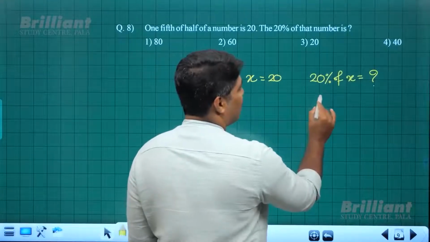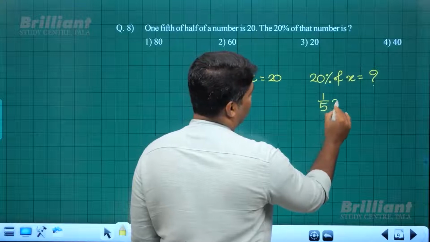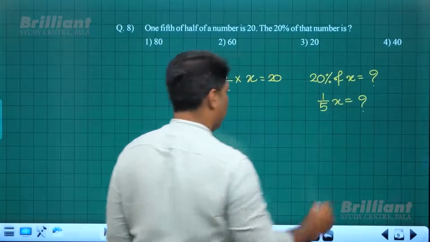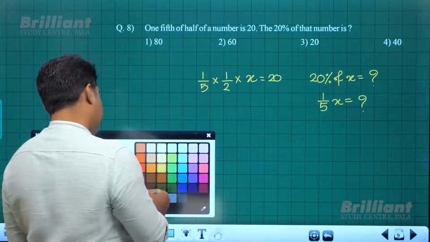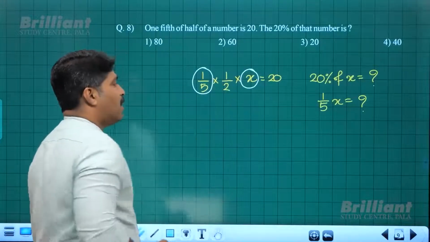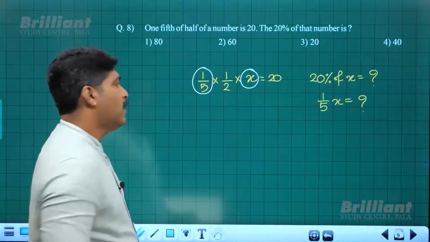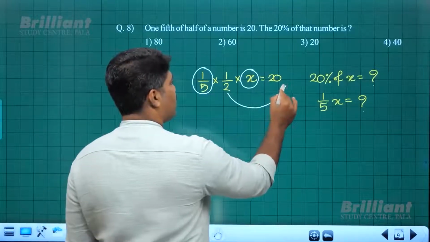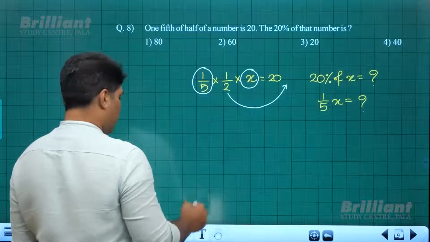20% is nothing but 20 by 100, or we can simplify it as 1 by 5 of x is how much? So while we are considering this given expression here, 1 by 5 and x, keep these two values here. Take this 2 towards right side. So what happened? Finally, we can conclude.